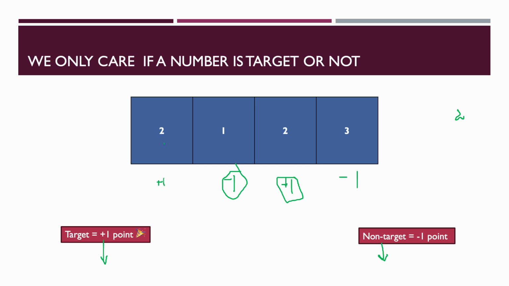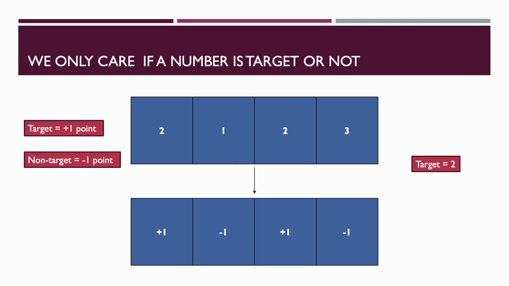We actually do not need to know what number is there. We just need to know if a number is target or not target. So can we do this? We can obviously do this. Since we can do that, this is the array that we'll get: +1, -1, +1 and -1 if target is 2. That we saw.